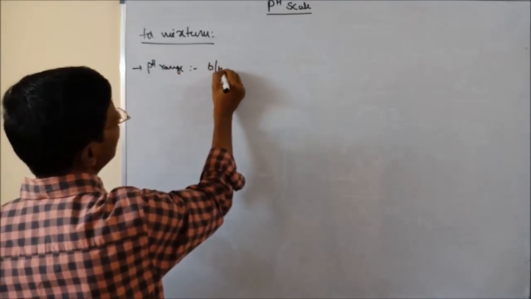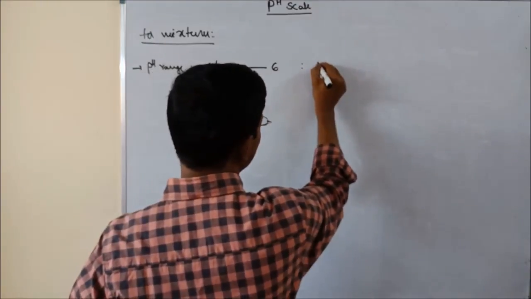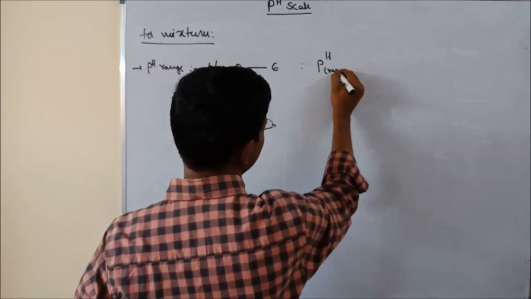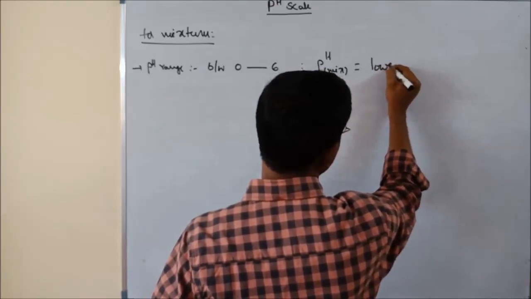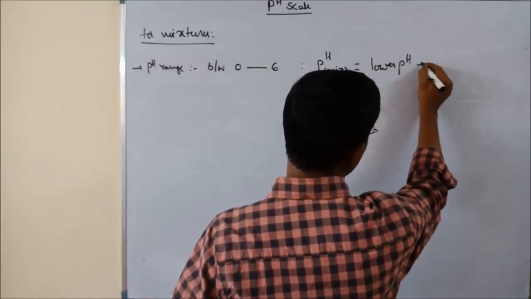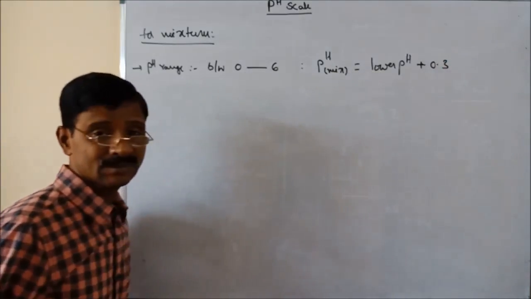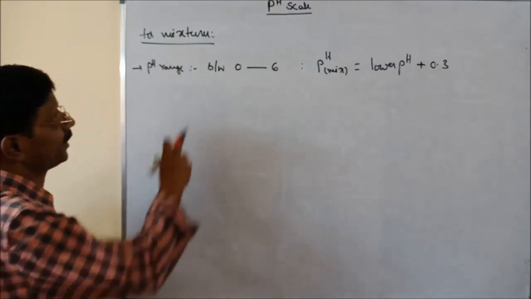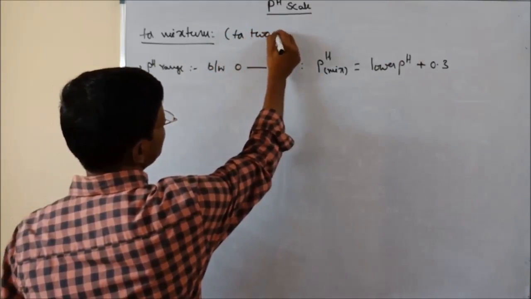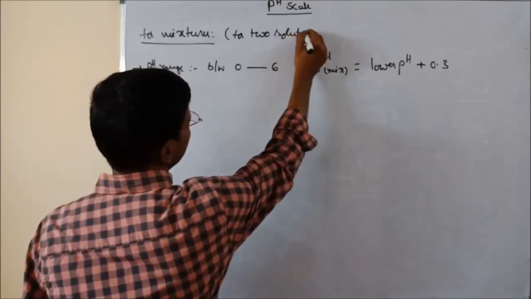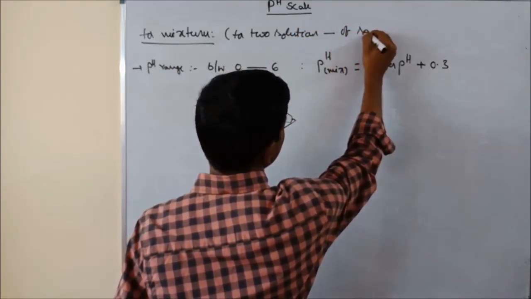If it is between 0 and 6, then the pH of the mixture is equal to the lower pH plus 0.3. That means this is for mixtures of two solutions of the same volume.